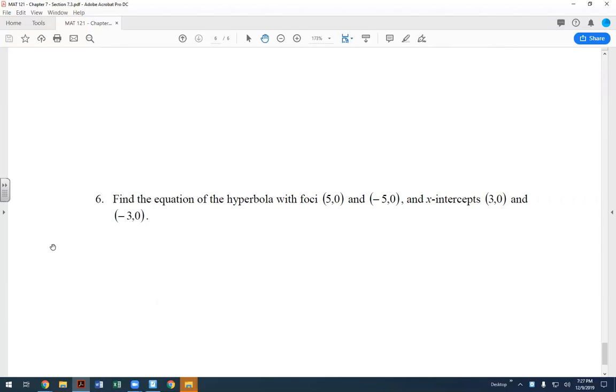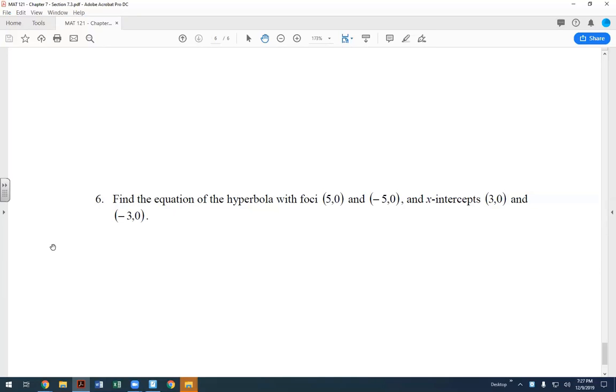So it would be foci, remember, always gives you the c values. Now this point, is this going to be on the x-axis or the y-axis? X-axis, right? So that means this is a hyperbola opening left and right.